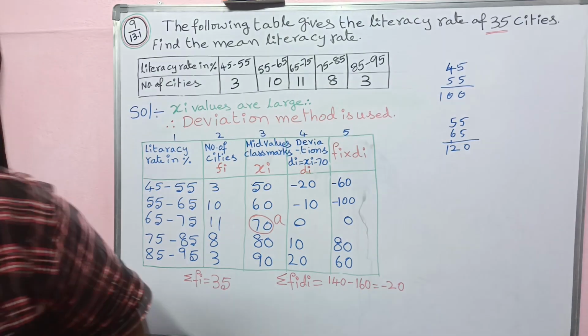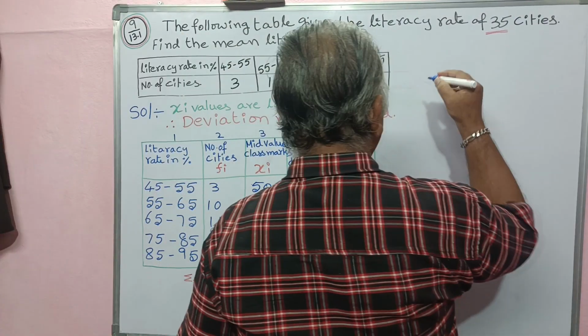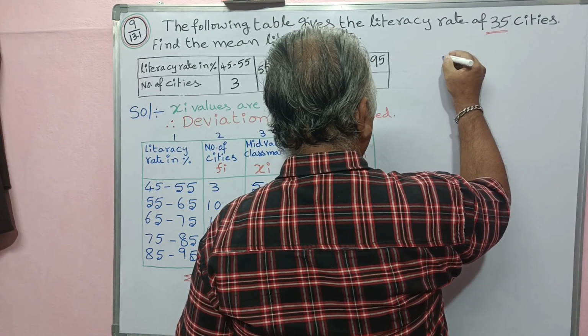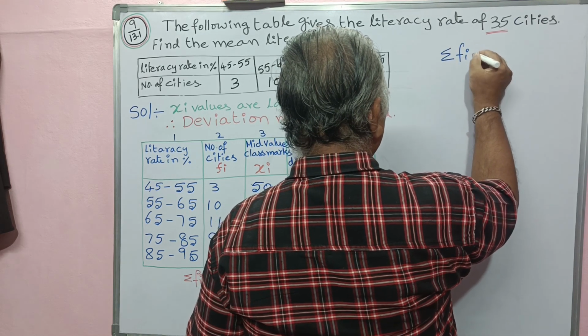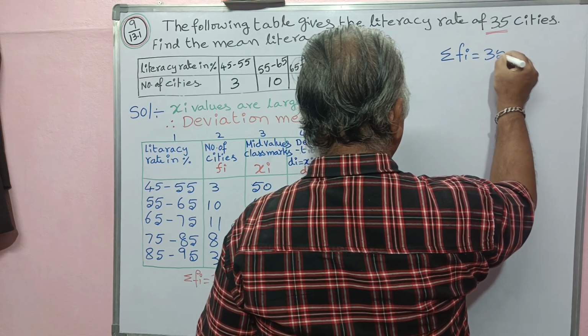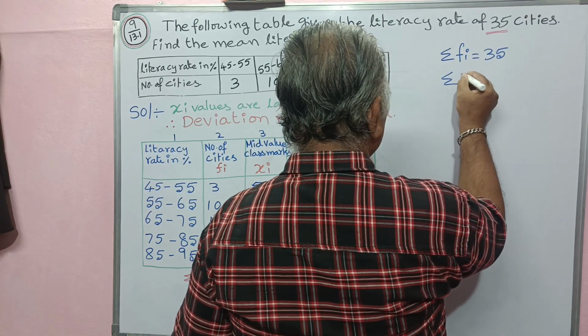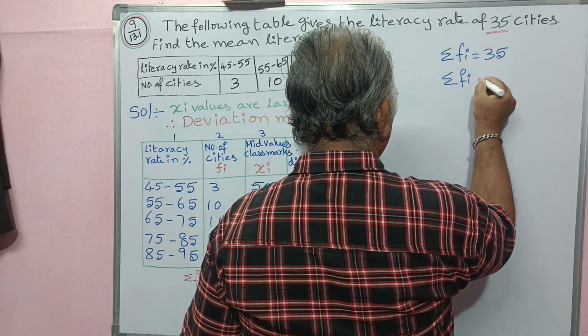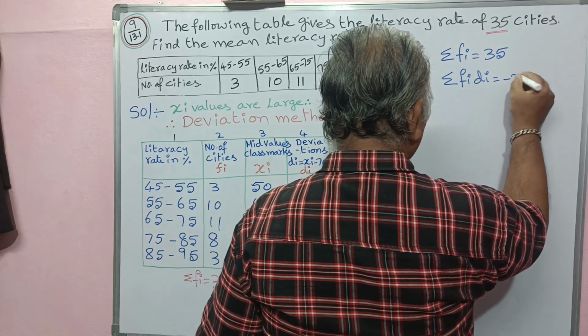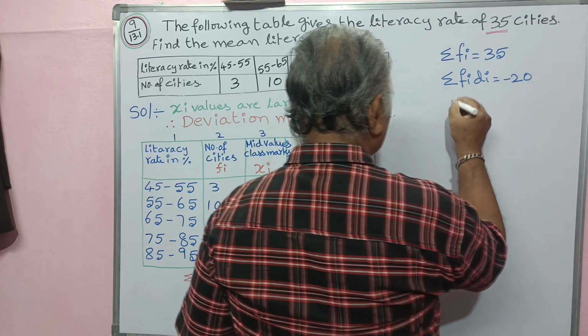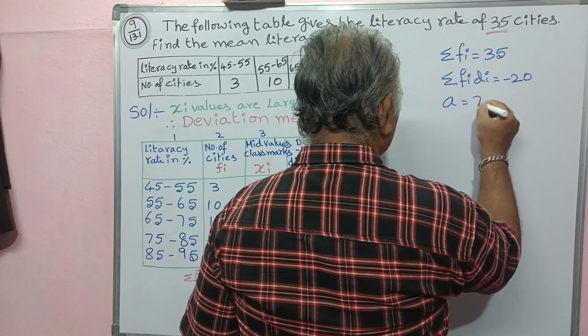Now come to calculation. Here sigma Fi is equal to 35, sigma Fi Di is equal to minus 20, A is equal to 70.